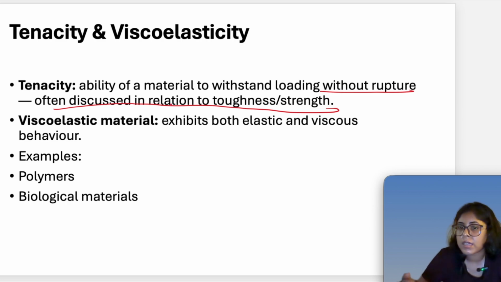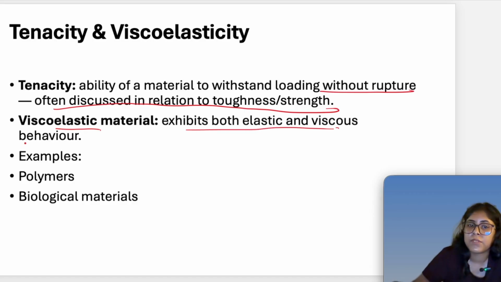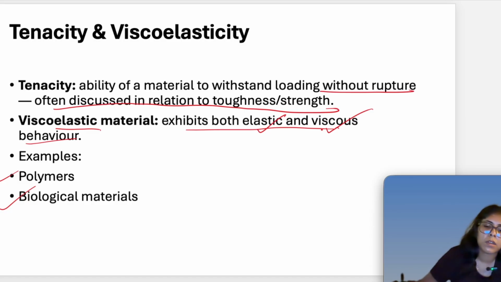And viscoelasticity is exhibiting both elastic and viscous behavior. For example, polymers and biological materials. These have elastic behavior as well as viscous behavior, right? So we call it a viscoelastic material.